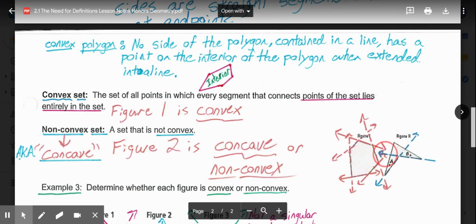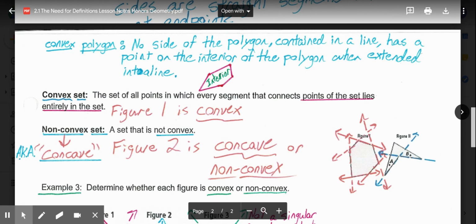If we look at figure 2, when we extend the sides, some of them would not go through the interior, but others pass through the interior. So if sides pass through the interior, then that set is not convex, or what we would call a concave set or concave figure, or if it's a polygon, a concave polygon.